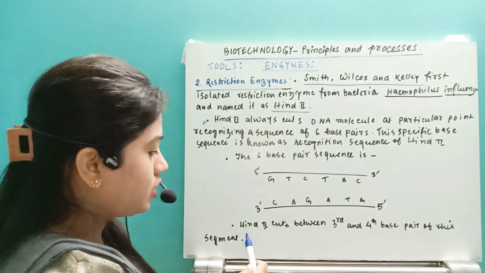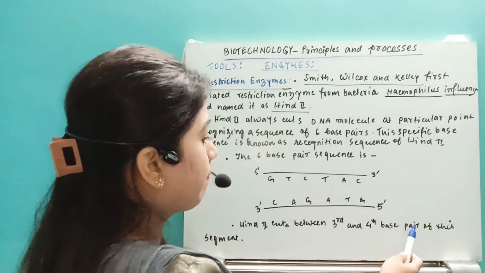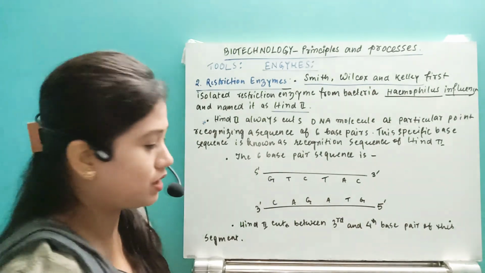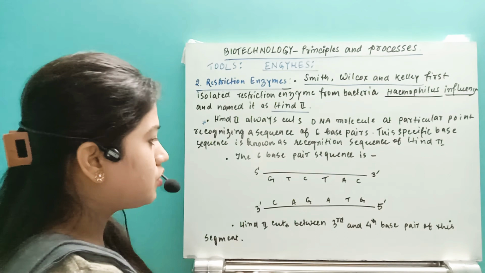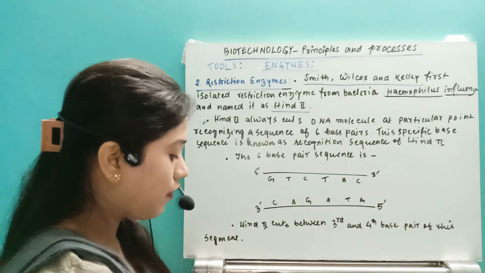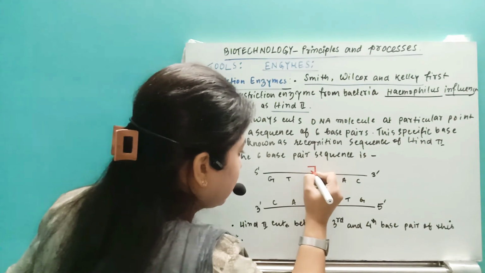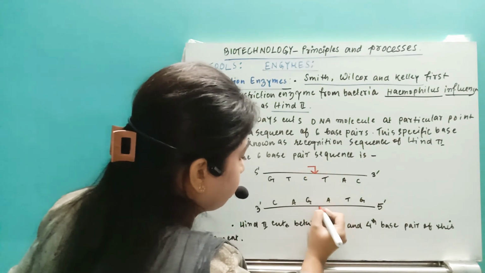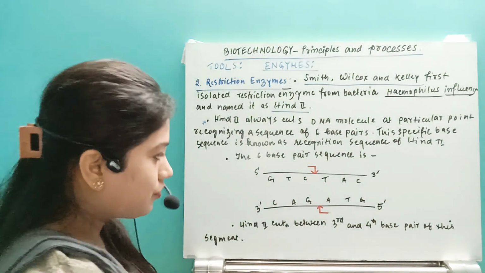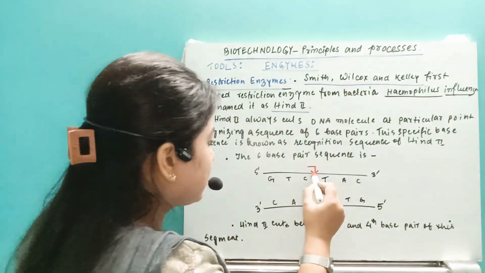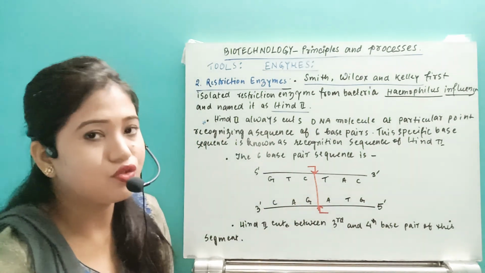Now see, HindII cuts between the 3rd and the 4th base pair of this segment. That means in this recognition sequence, HindII will find this region, and then it will cut at this region and break this DNA fragment into 2 parts.